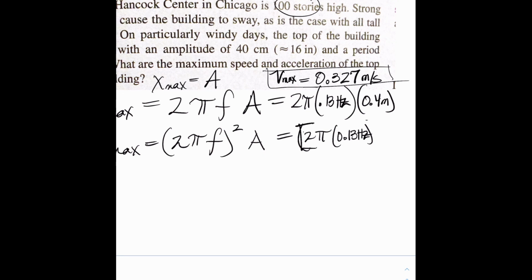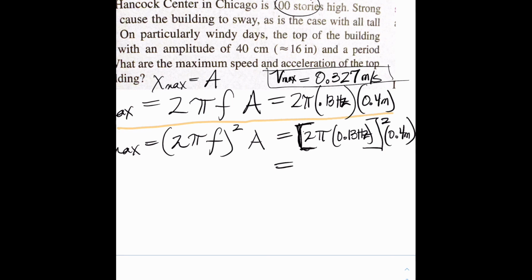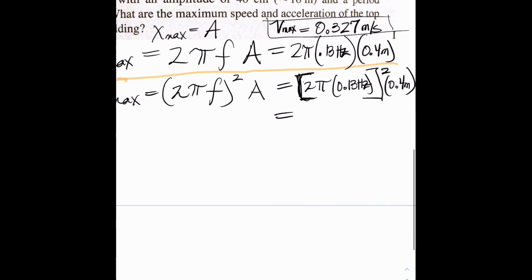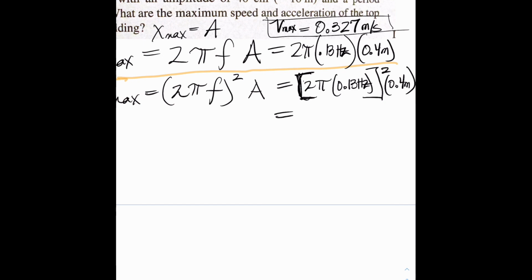Probably should be using some brackets instead of so many parentheses. We're going to square all of that and then multiply it by 0.4 meters. And what do we get here? Let me separate this so it looks a little bit better. Let's go ahead and plug that in the calculator.